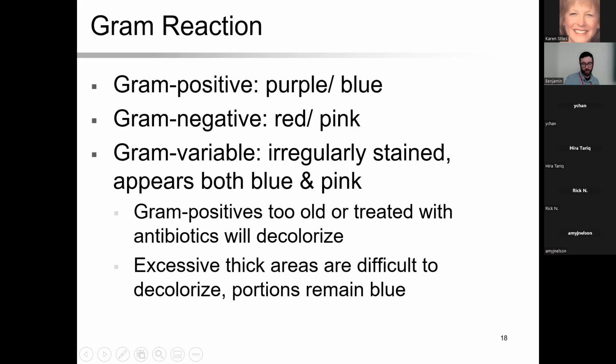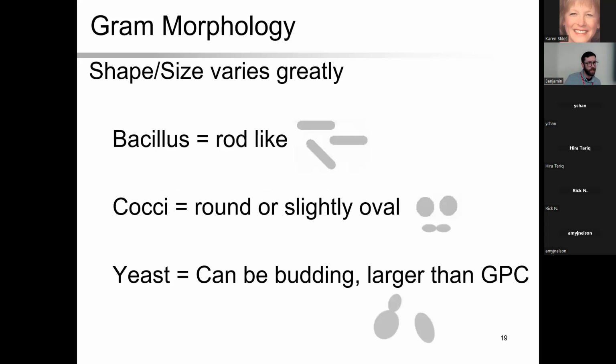Same thing with bacteria that's more than 24 hours old on a plate. So we talked about those excessively thick areas, like in the sputum. That's going to catch a lot of that crystal violet complex and not be washed out. This makes it a little more confusing when you're trying to interpret your gram stain.